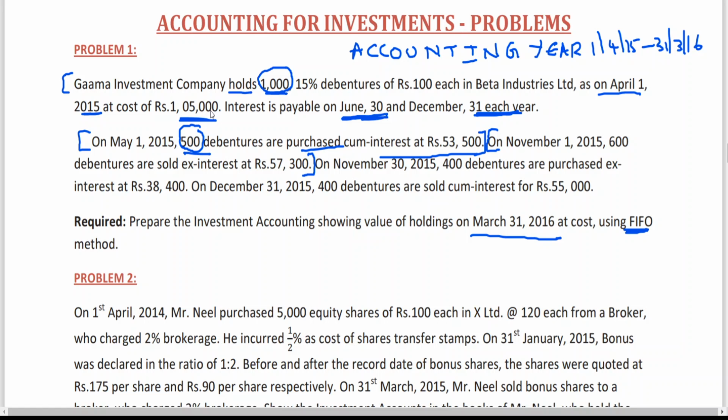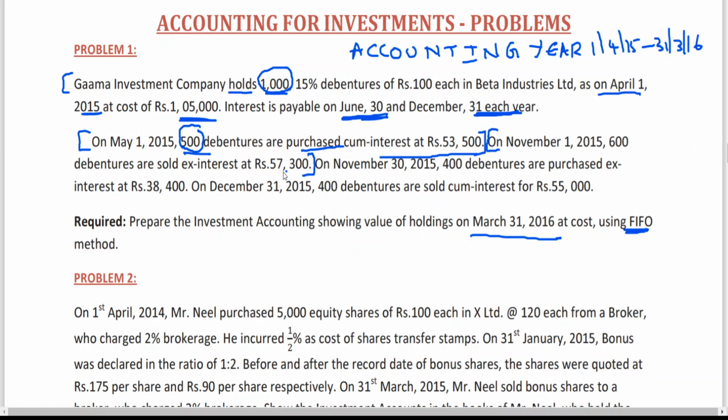I think I got the cost price. Now this is sold ex interest. Ex interest means quotation price is excluding interest. But for calculating profit or loss, I am repeating once again, whoever is having any confusion, at the fag end of the last class I specifically stressed on this. Whenever you are finding out profit or loss, the sale proceeds shall exclude interest.